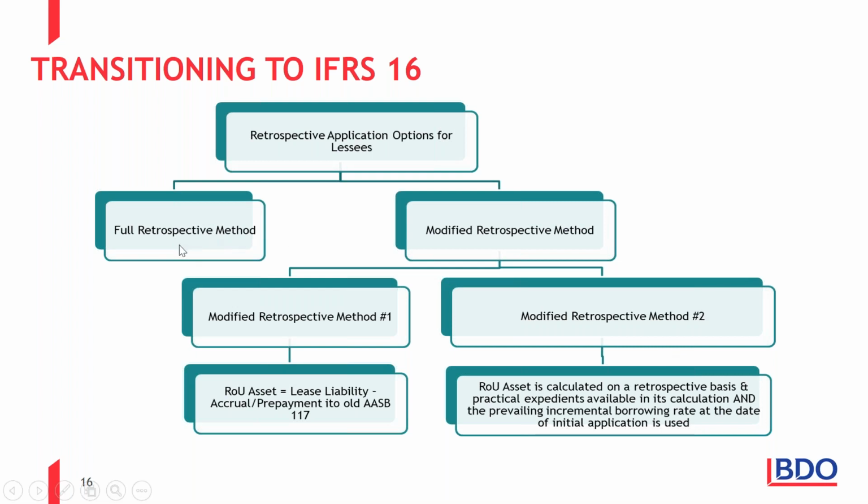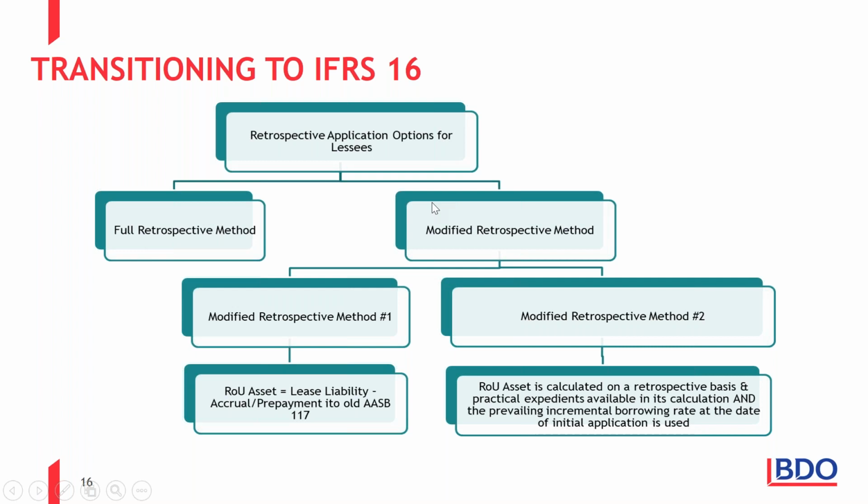First of all, for full retrospective method, you've got the heartache of going back and determining incremental borrowing rate at the start of all your leases. What a big task. And as I've previously said, of all my clients, only 2 clients went back and used full retrospective method and went back to assess incremental borrowing rate, etc. Very difficult to do.